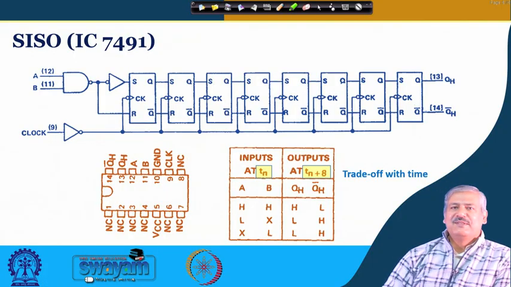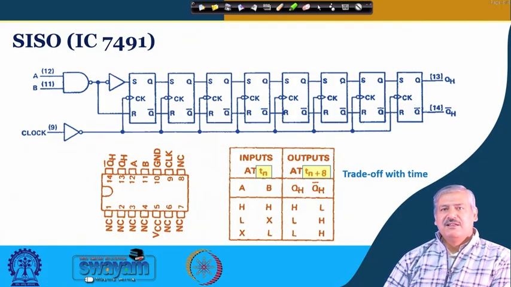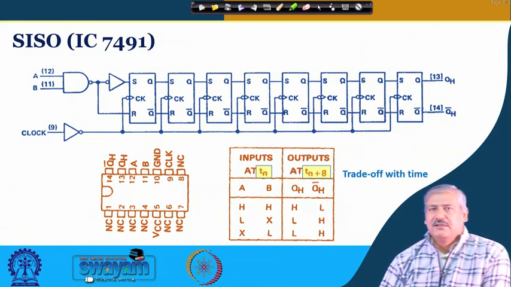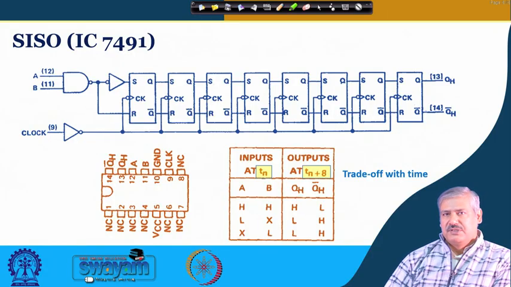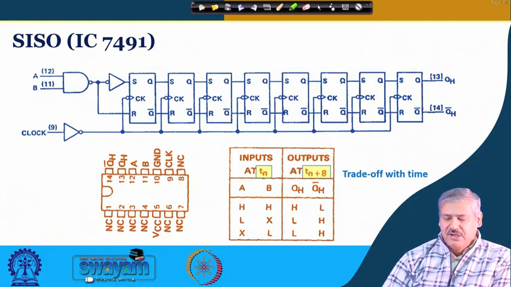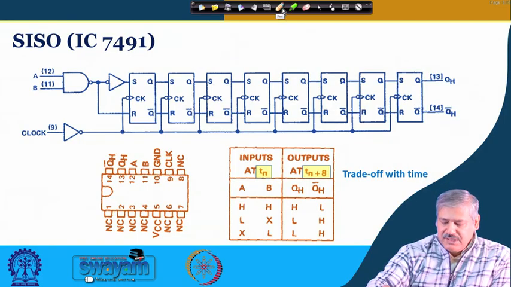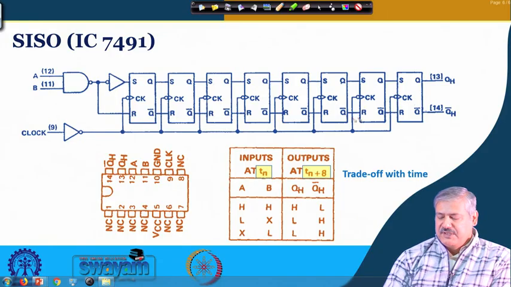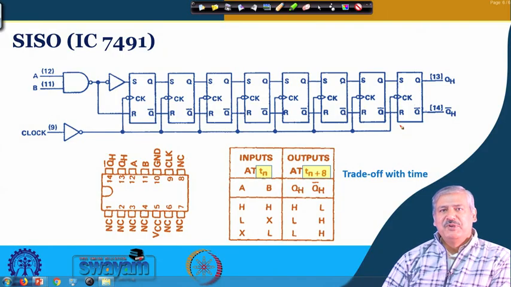Next is the other extreme. We shall look at SIPO and PISO also in subsequent classes. So, SISO is another practical circuit which is put into use through IC 7491, that we discuss here. What you see is 1, 2, 3, 4, 5, 6, 7, 8 bits of information you can store here.